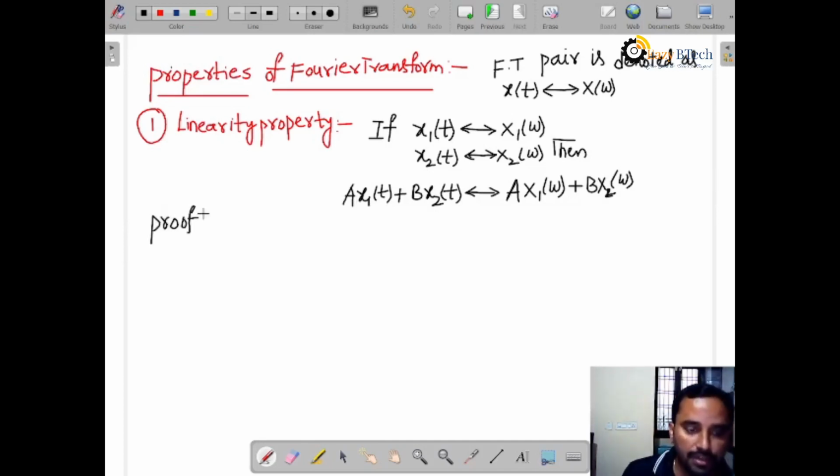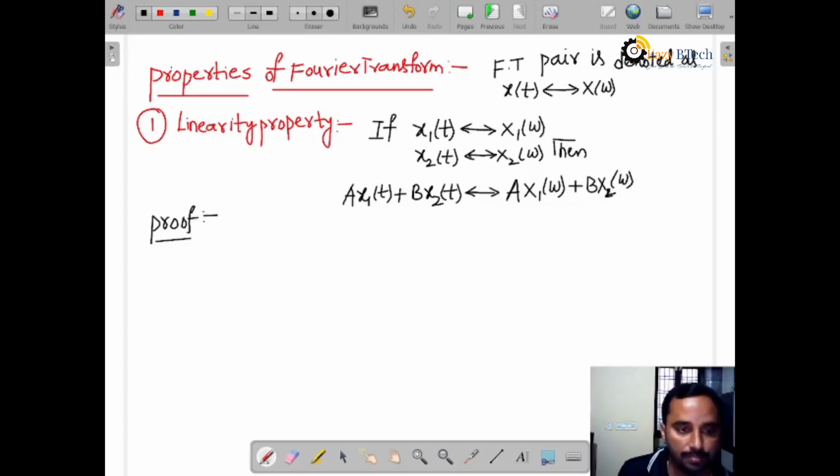Each property we can prove with the help of the Fourier transform definition or formula. If you understand the Fourier transform formula, using that formula we can prove all the properties.